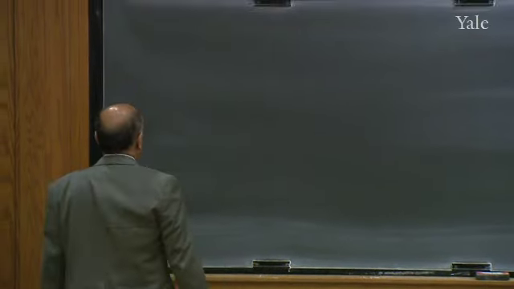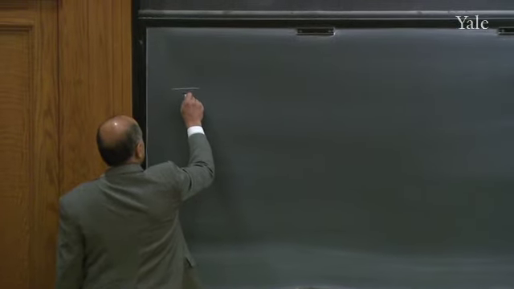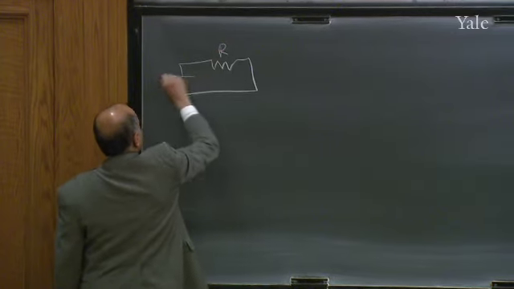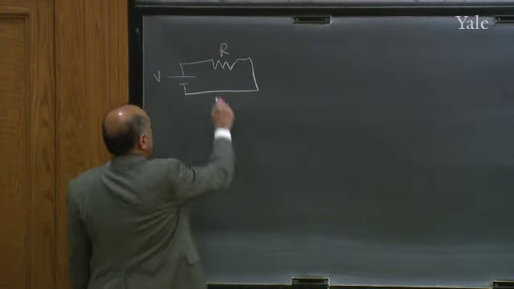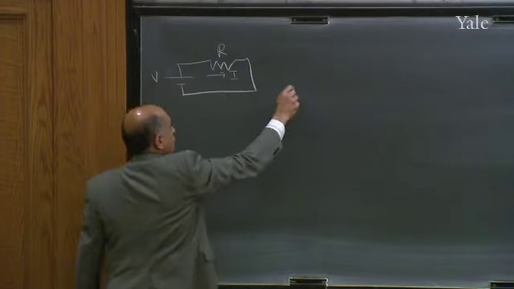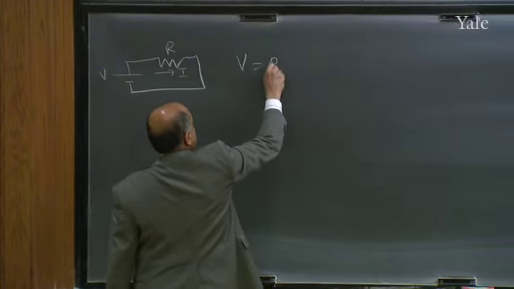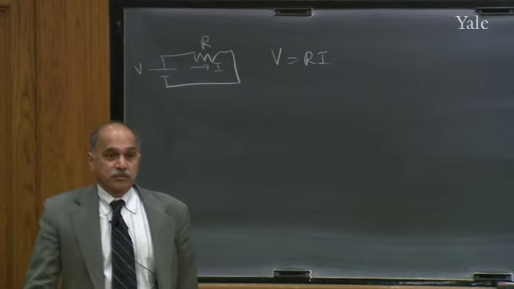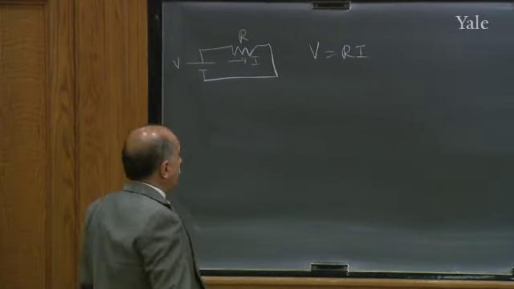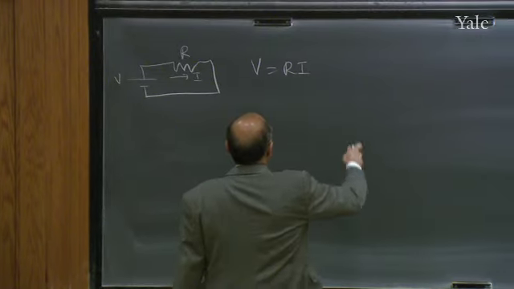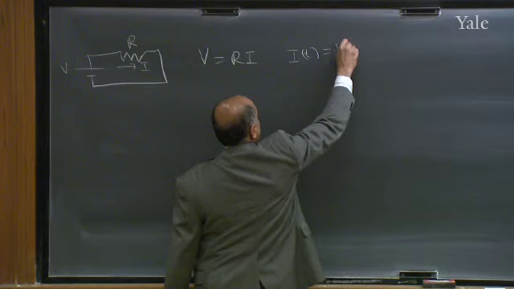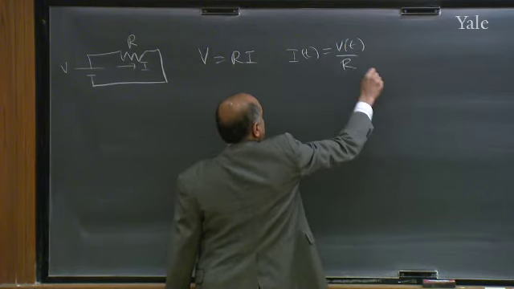Because when you have a resistor and you connect some voltage to it, the current is determined by this equation. This is what I call an algebraic equation. Just an equation in algebra, one unknown, you solve for it by dividing, and you get I at time t as V at time t divided by R.